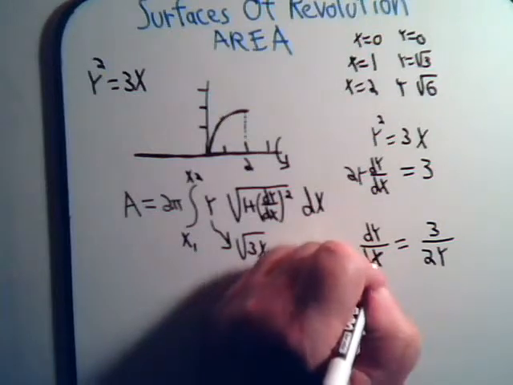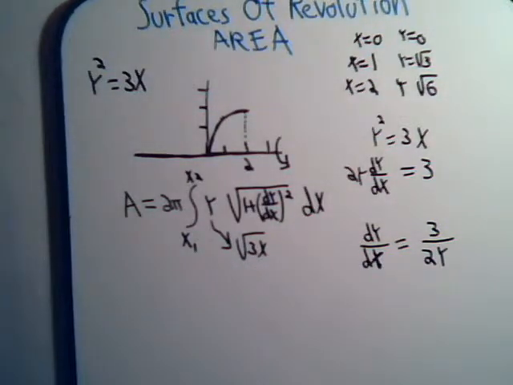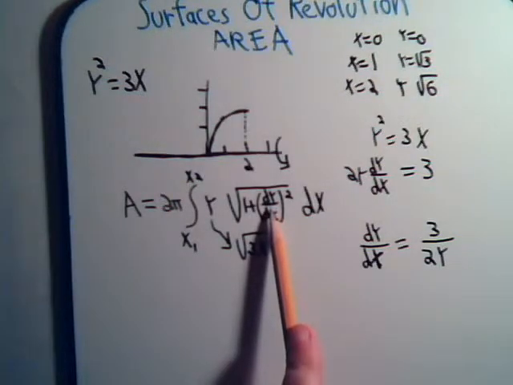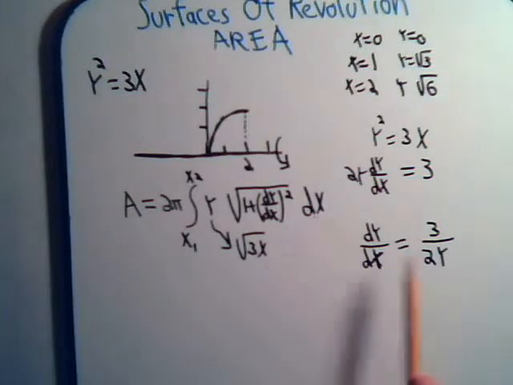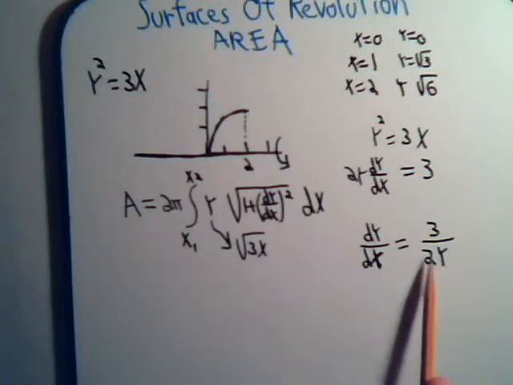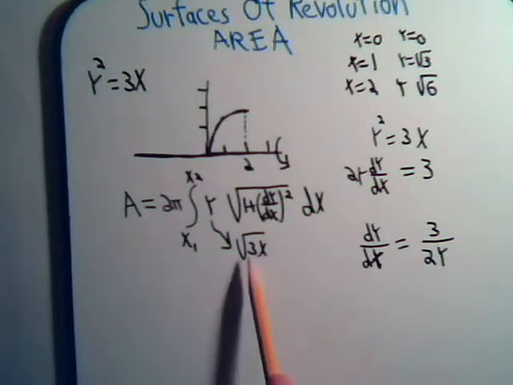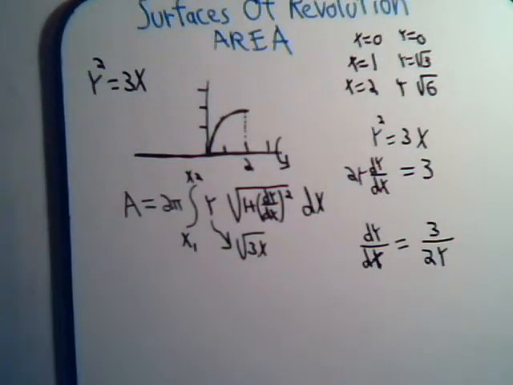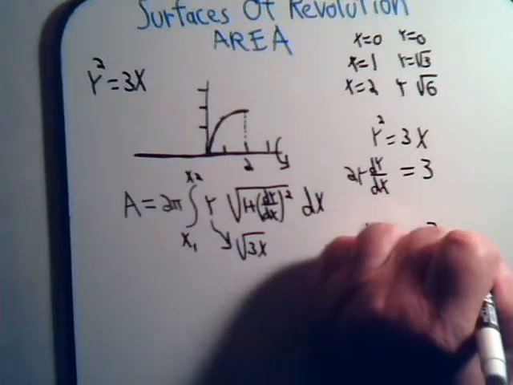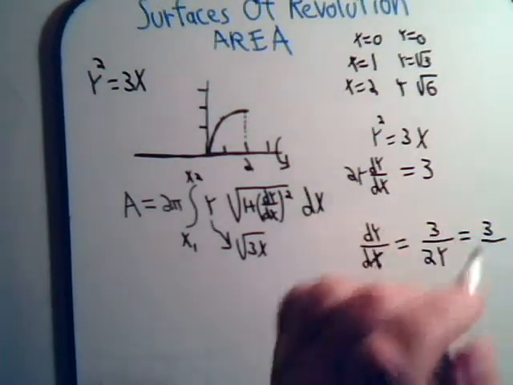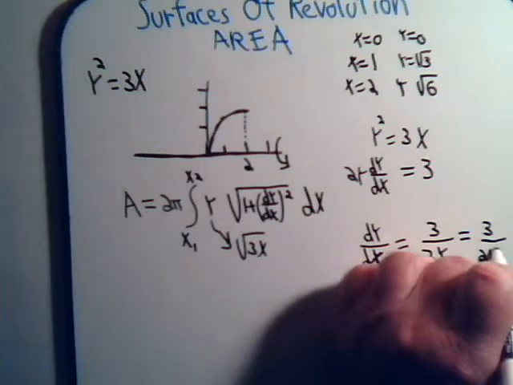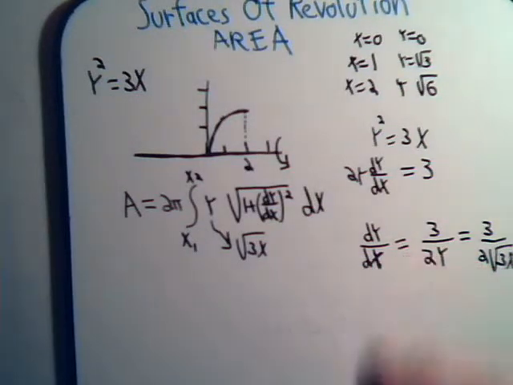And that's correct, but there's something else we have to consider now. We're going to be squaring this, of course, and adding 1 to it. We're also going to be integrating with respect to x, so we don't want y in here. We want this expressed in terms of x. But we know y has this value, so dy dx is equal to 3 divided by 2 times the square root of 3x.